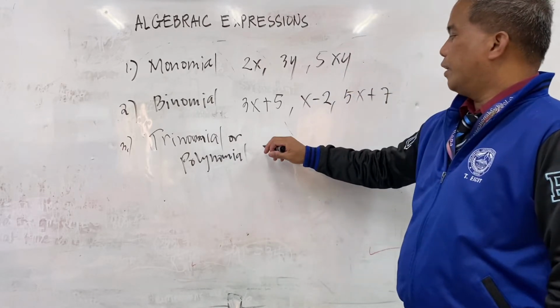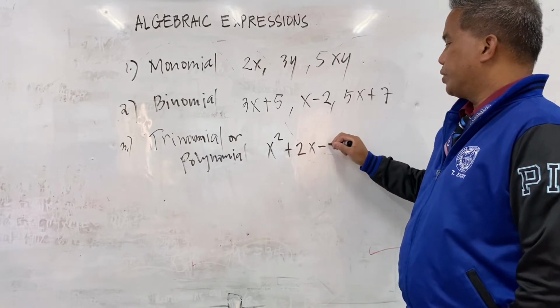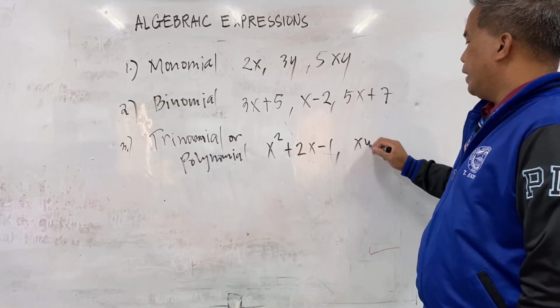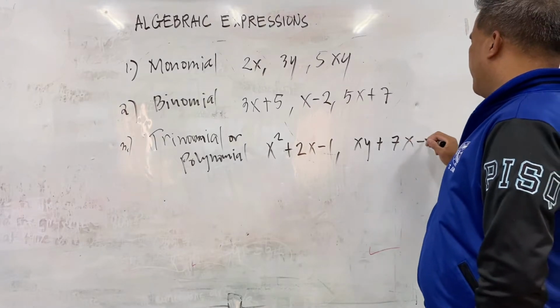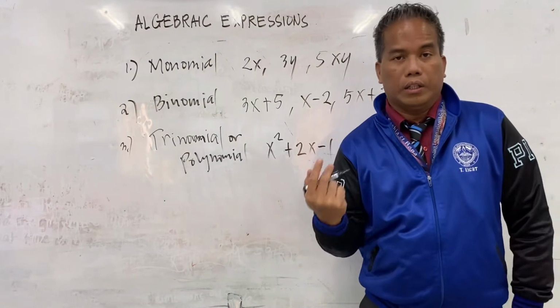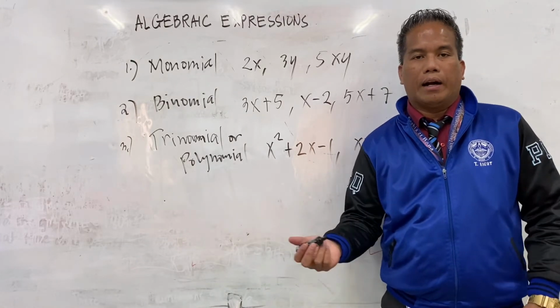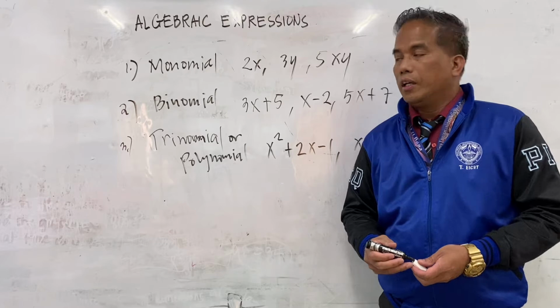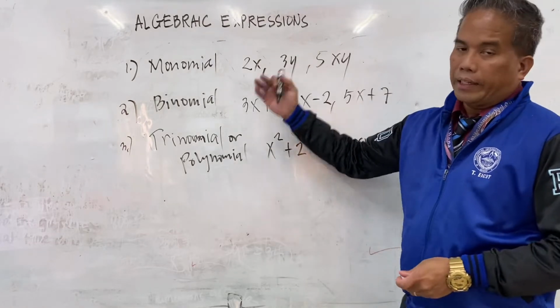So the examples are x squared plus 2x minus 1, and xy plus 7x minus 2. So those are the examples of trinomial or polynomial. So these are the types of algebraic expressions.